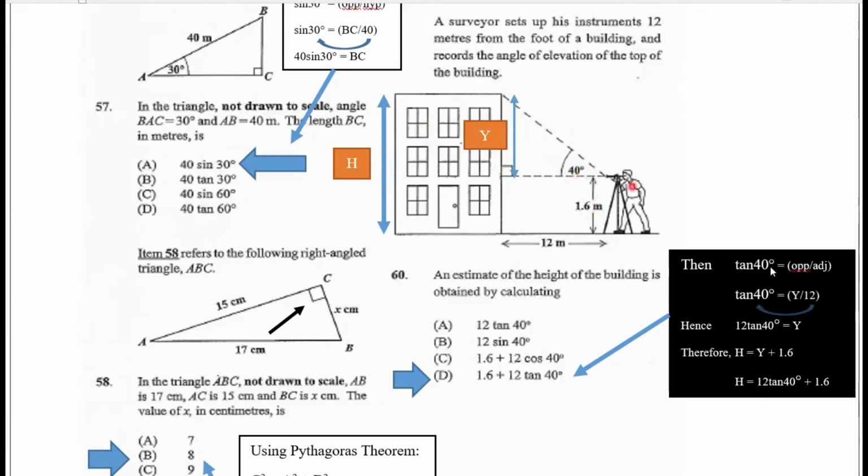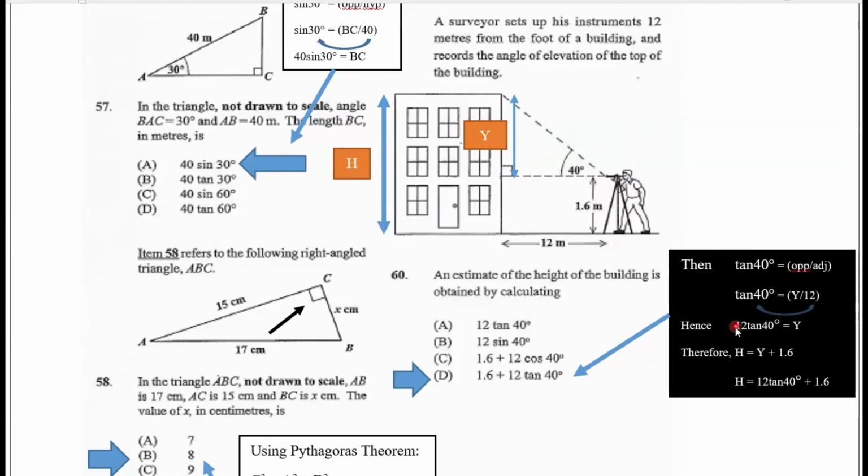So I can say tan 40 degrees is opposite over adjacent. Y is the opposite and the adjacent is what? 12. You can see 12, right? So tan 40 will be Y over 12. Carrying the 12 across, opposite of divide is multiply.